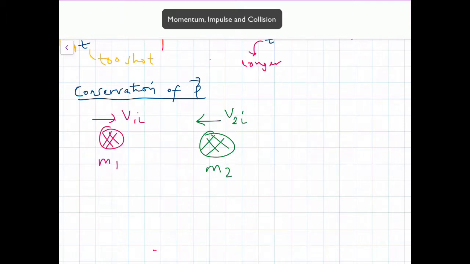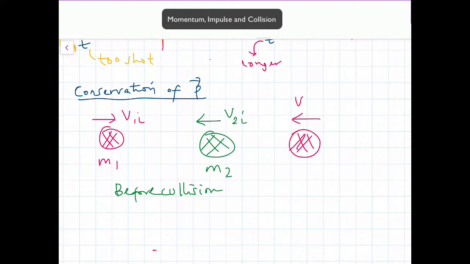That is before they collide. After they collide, you don't know in what direction they move, but it doesn't matter. This one is moving in this direction, and you can call it V1 final. The green ball has its own final velocity, V2 final, maybe moving in that direction.